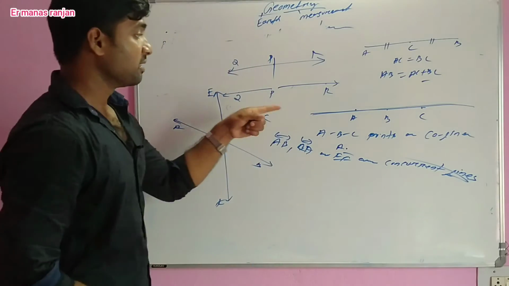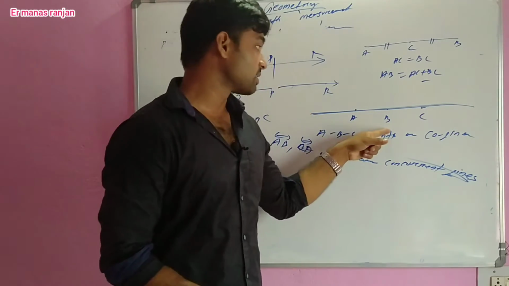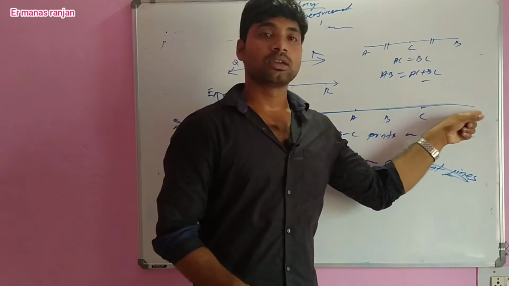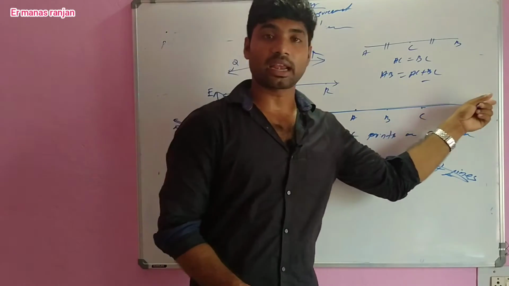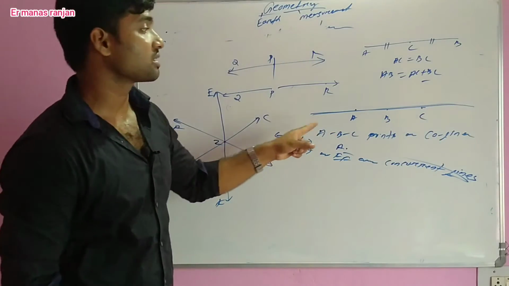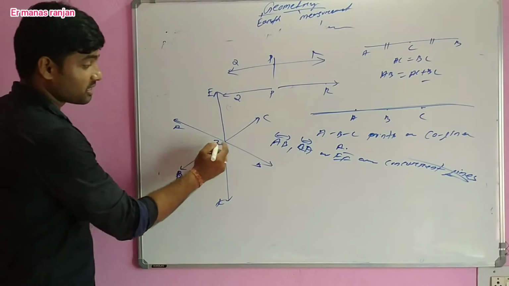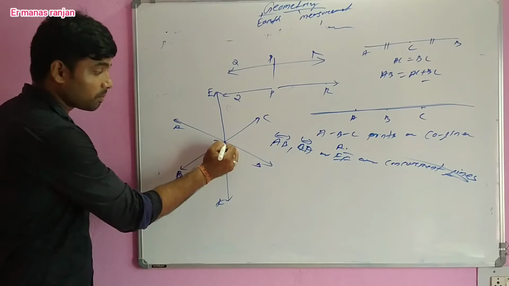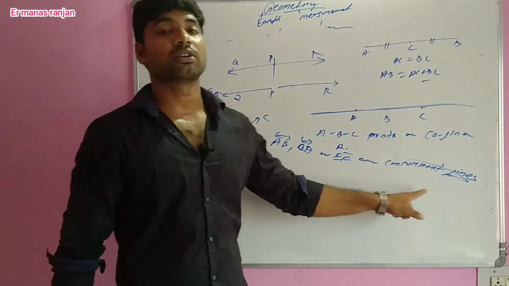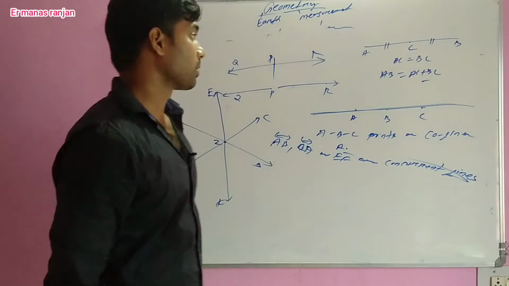Now, if the points lie on a straight line, we can say collinear points. If the lines pass through a single point, we can say concurrent lines. Clear?